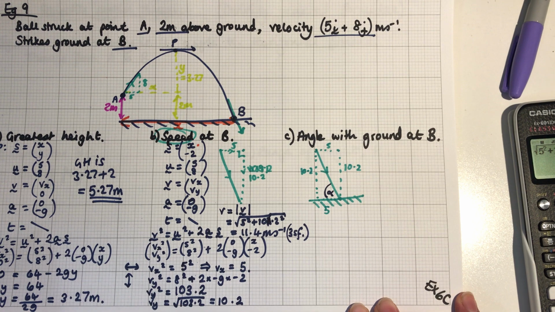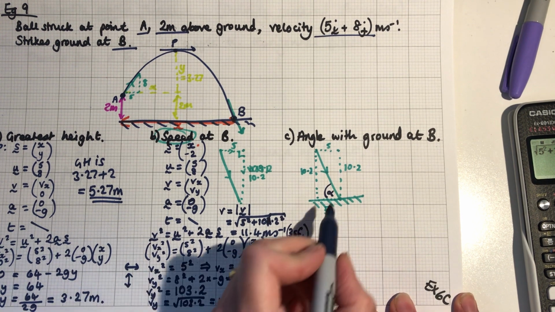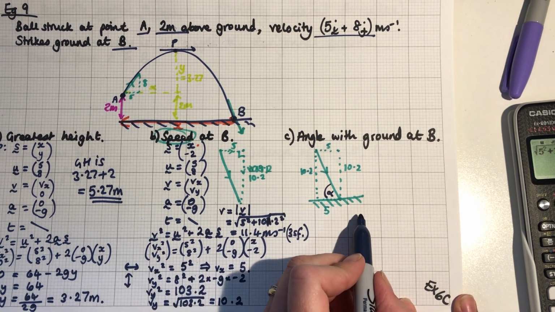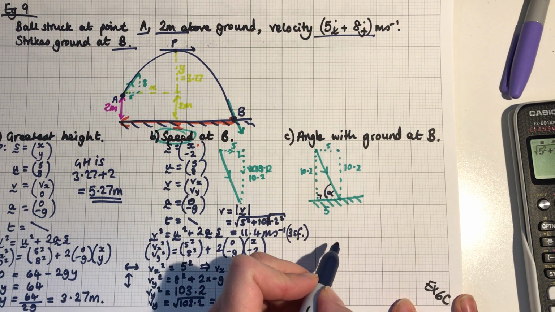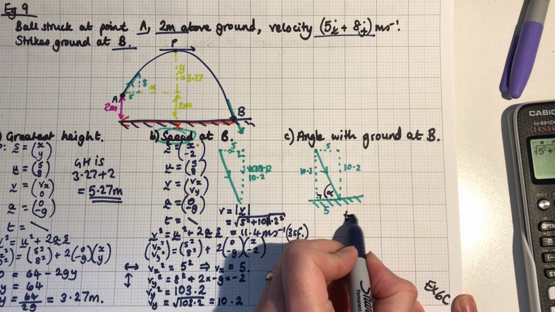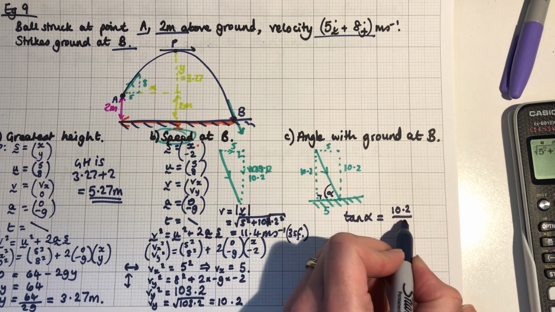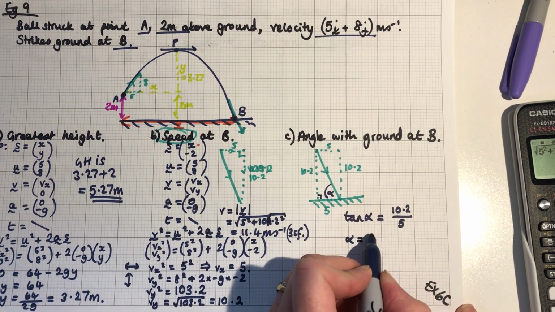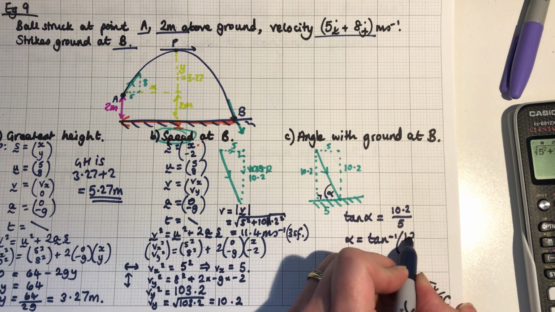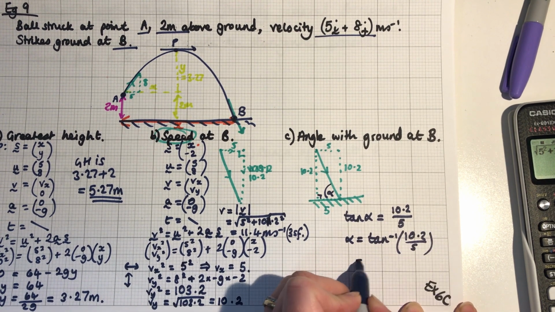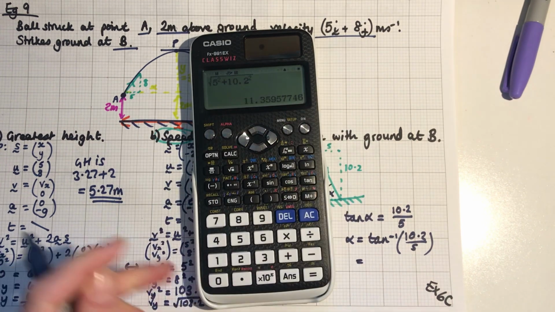Let's call that alpha, shall we? So in order to find that angle alpha, I'm going to use the fact that we have a right-angled triangle here and that tan alpha is the opposite over the adjacent. So alpha is inverse tan of that. Remember in pure you call that arctan, don't you?